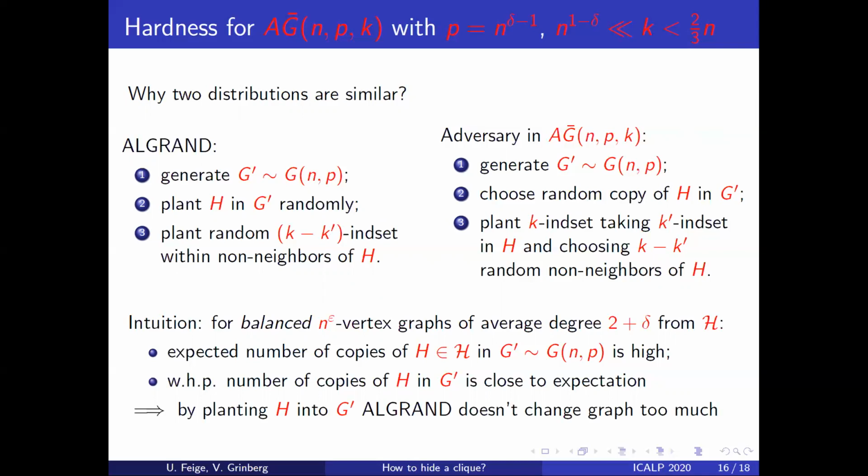This means that adding another copy of H into G(n,p), which is done by ALGORAND, will leave the graph roughly the same, and algorithm ALG is fooled that this planted copy of H is actually a copy of H that initially was in the graph, but got selected by an adversary. As a result, we would be able to find an independent set of size K prime in H with constant probability in polynomial time, because ALG works with constant probability in polynomial time, which would imply that NP is equal to RP, as desired.